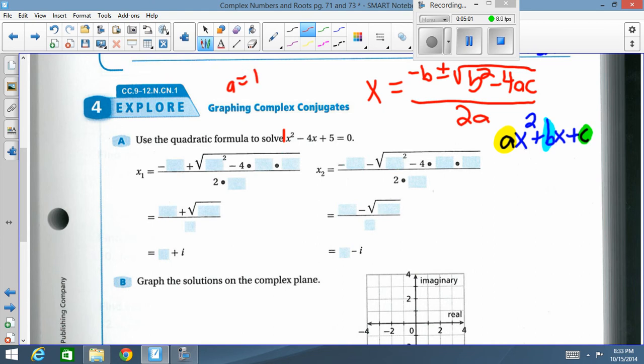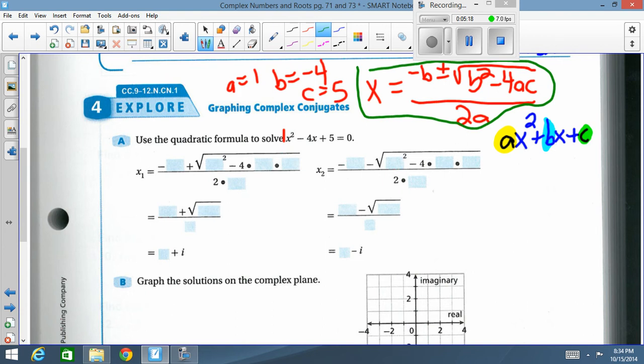So my a is 1, b is -4, so be careful of that sign. And c is 5. Now, I don't really love the way that they have this laid out, because when I sing the song to myself, I sing it as x equals opposite b, knowing that whatever my b is, I want the opposite of that.